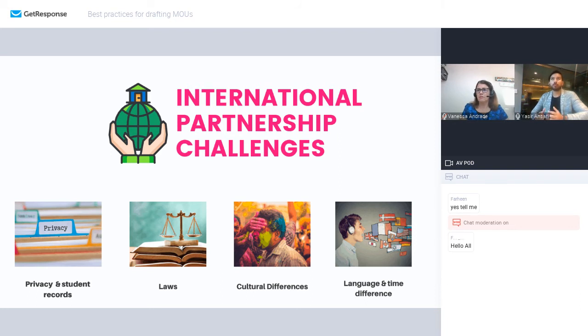One of the things that I wanted to share with the audience is that before we even start creating an MOU or an agreement or partnership, we need to keep in mind there are a few challenges that are unique to international agreements because of various different factors. So, I quickly want to point out what some of those factors could be so we are aware of them before even drafting an MOU for these purposes.